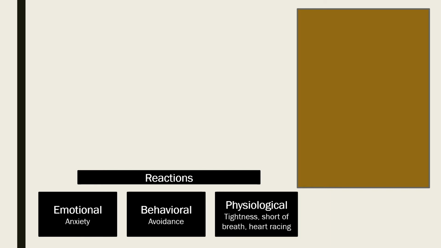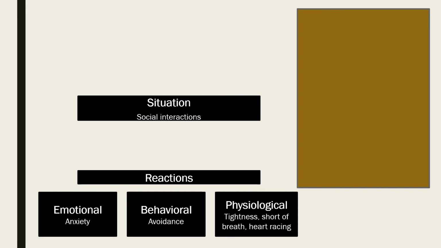And physiological symptoms are often tightness in the muscle, shortness of breath, heart racing, and other symptoms. And we know that these are all in response to being exposed to social situations.